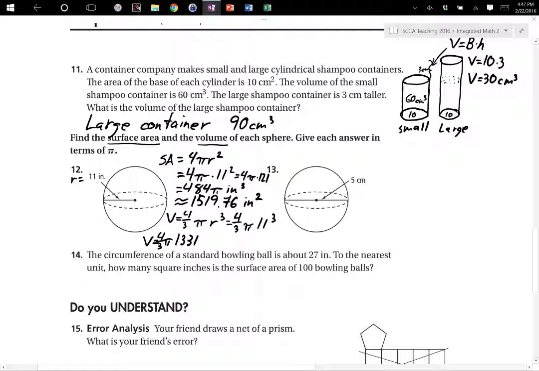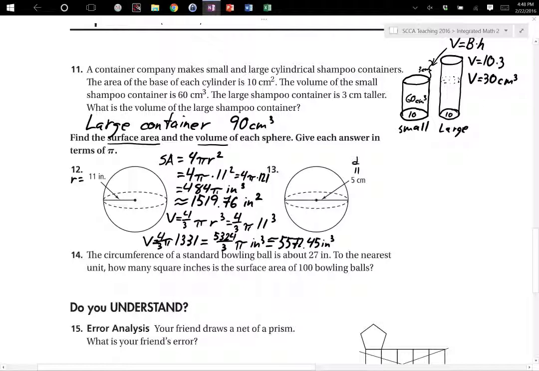Forgot my 4/3 up front. And this is equal to 5,324 pi inches cubed, or we can approximate it as 5,572.45 inches cubed.